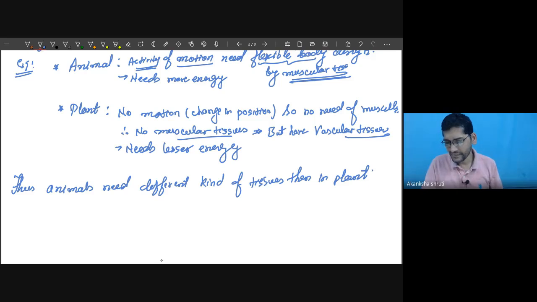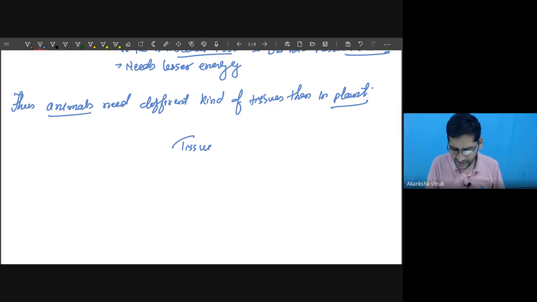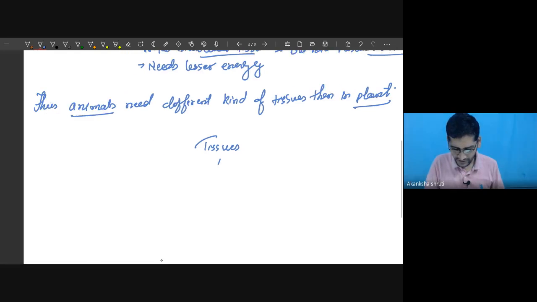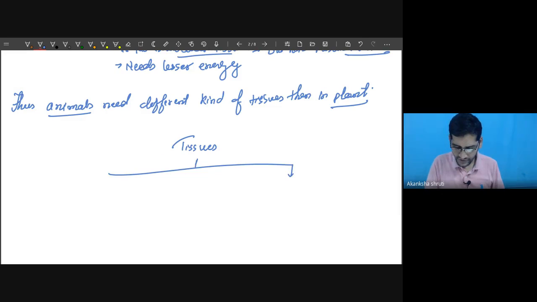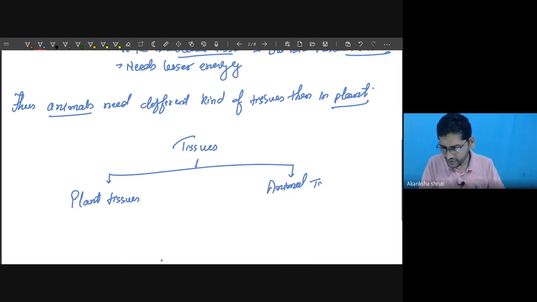Okay, so therefore the entire tissues can be classified into broadly two categories. One is found in the plant, so plant tissues. Another which is found in animal, so it is called the animal tissues.